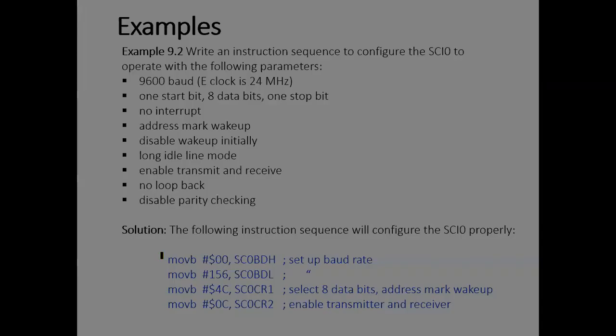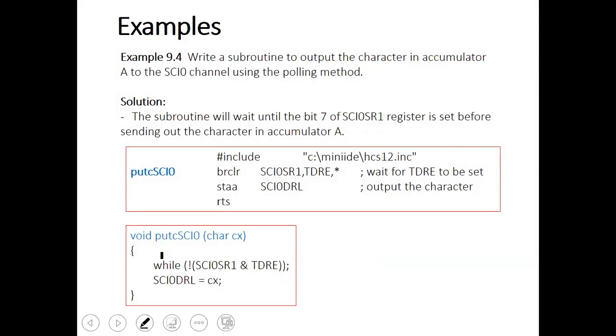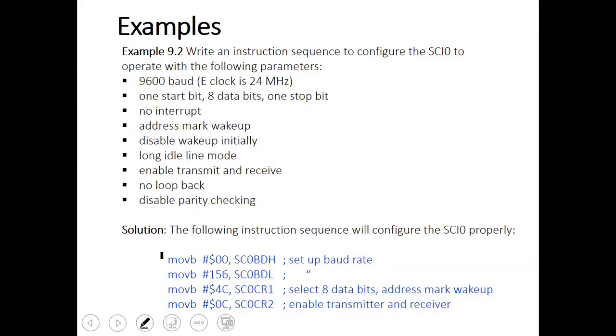All right, so this is assembly. You can do the same in C if you want. It is very straightforward. In the main program, you write the register name and set it equal to the value, and the same thing for the rest of the registers. In C you just write SC0BDH equals 0, and that's it.